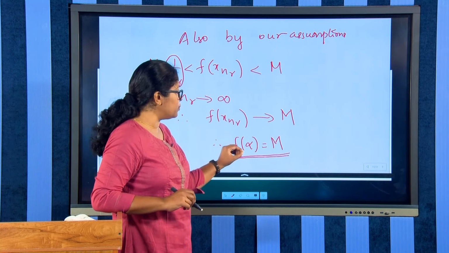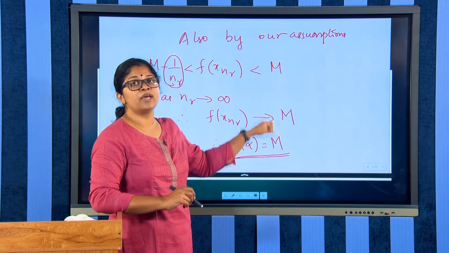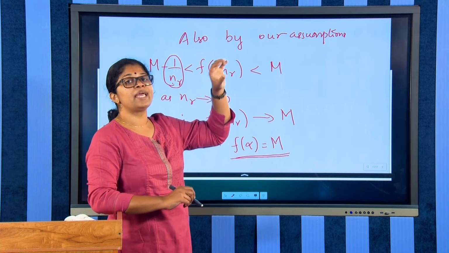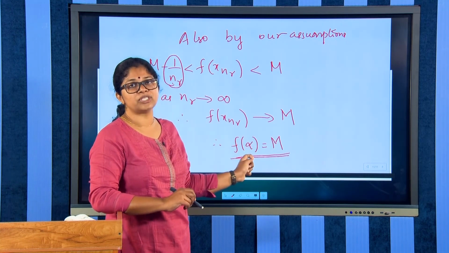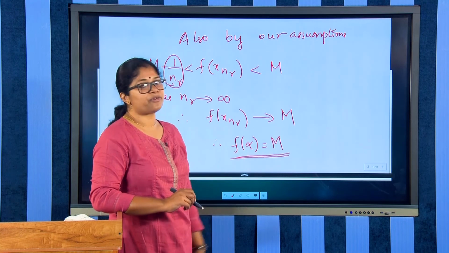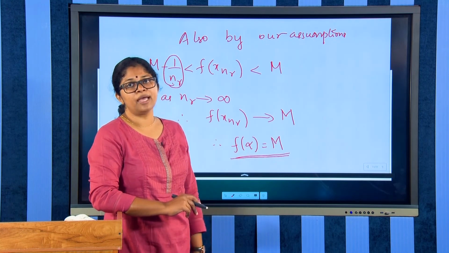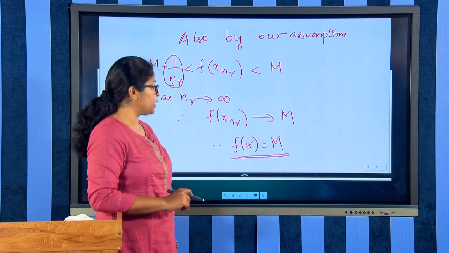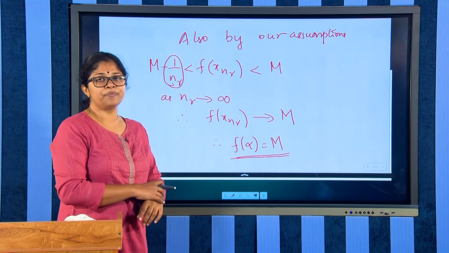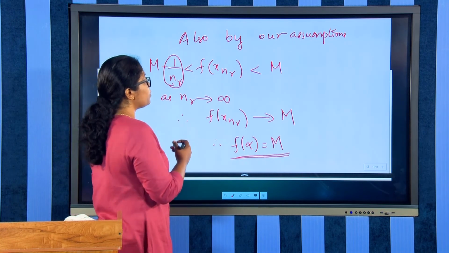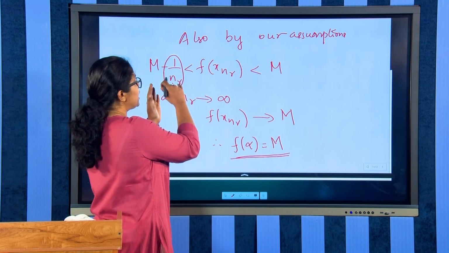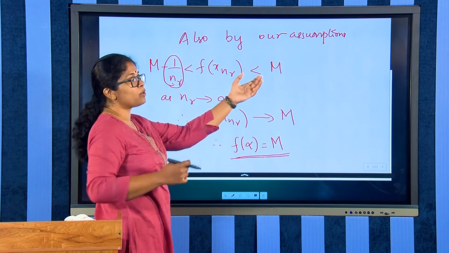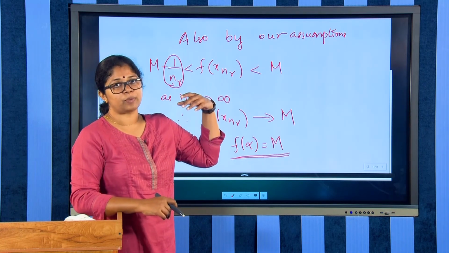And so we have proved that this capital M, which was supposed to be the supremum, is attained at some point alpha by the function. Which shows that f of alpha is the maximum value or absolute maximum. Similarly, we can show that the minimum is also attained, by taking small m plus 1 by n, because it is not the supremum, it is the infimum that we are taking.